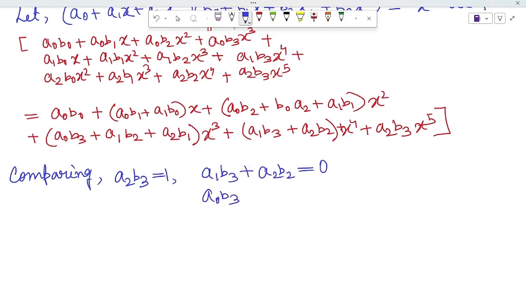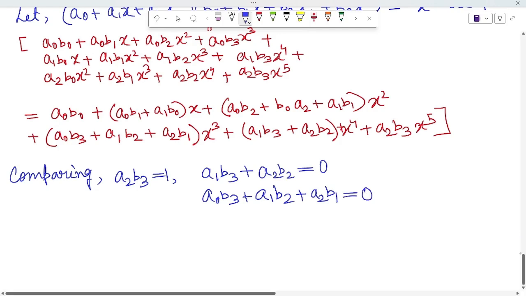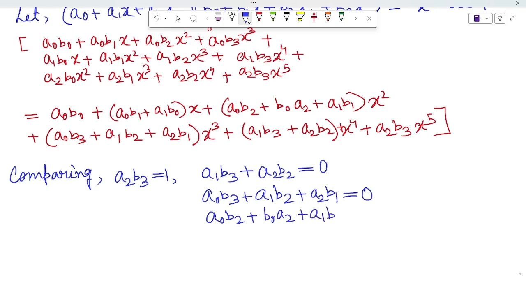A0 B3 plus A1 B2 plus A2 B1, this is 0. This is the square term: A0 B2 plus B0 A2 plus A1 B1, this is also 0.